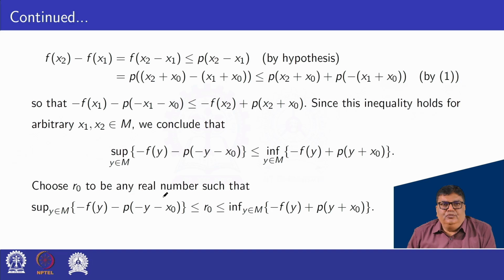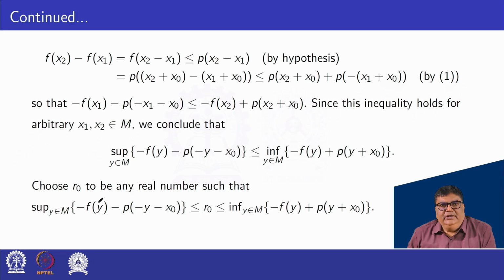Choose R0 to be any real number such that the supremum over y belonging to M of minus f of y minus p of minus y minus x0 is less than or equal to R0, which is less than or equal to the infimum over y belonging to M of minus f of y plus p of y plus x0.